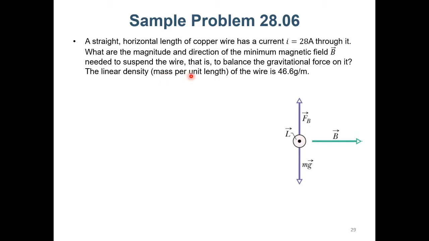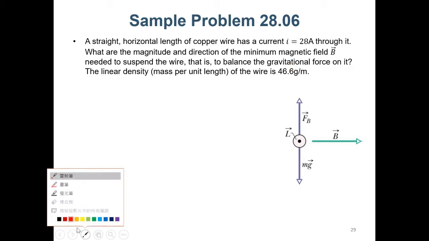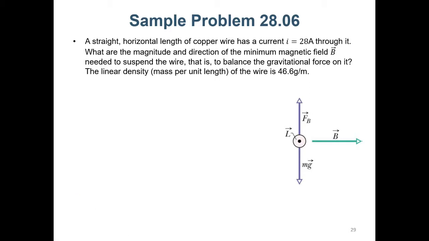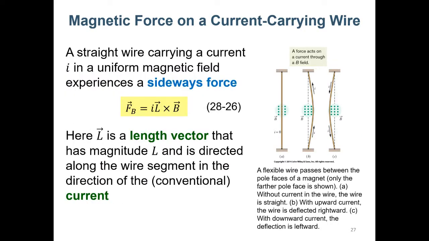The linear density is 46.6 gram per meter. For this wire, there are two forces acting on it. One is the gravitational force, which is small m times g, and the other is the magnetic force, which is actually also the Lorentz force.